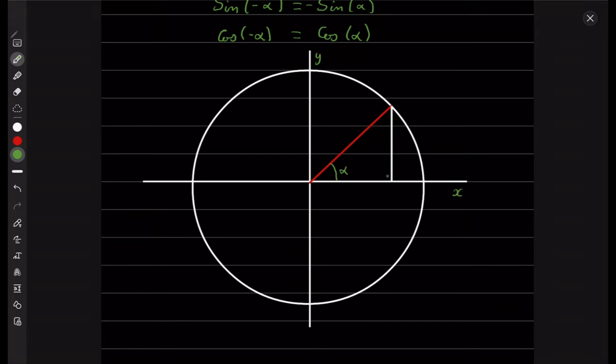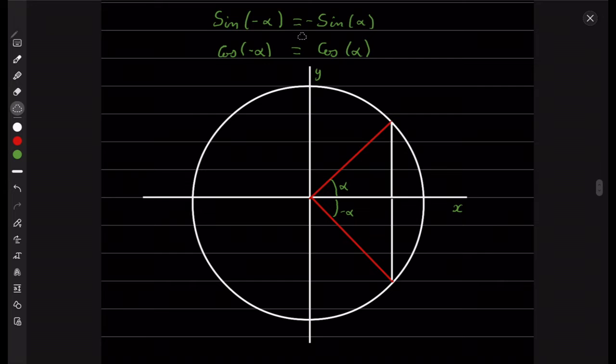Sine is supposed to be the y-coordinate of this. So if you were to take negative alpha, it will be somewhere down there. So you can see that for the sine of positive alpha and the sine of negative alpha, this is in the positive y, this is in the negative y.